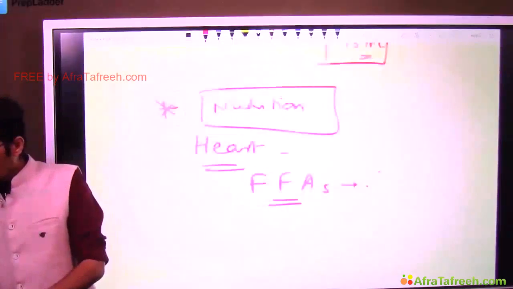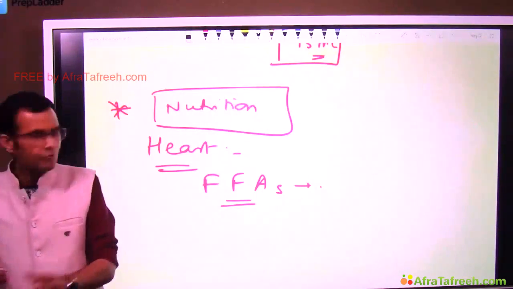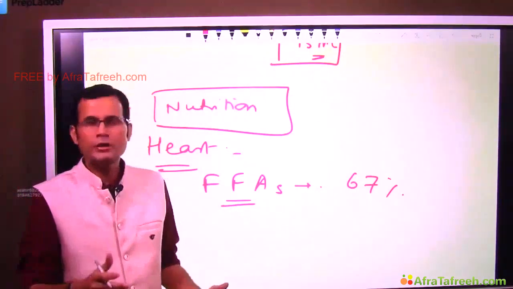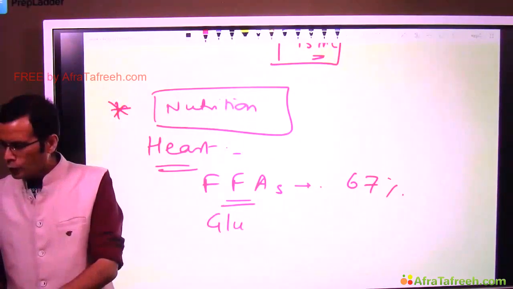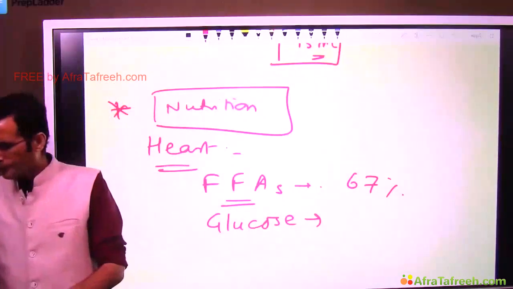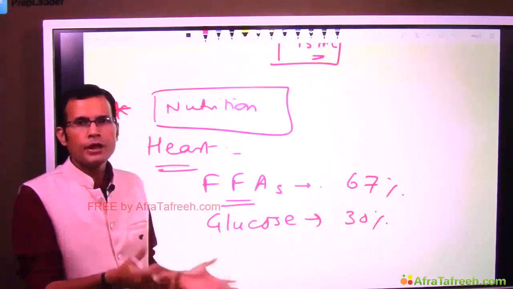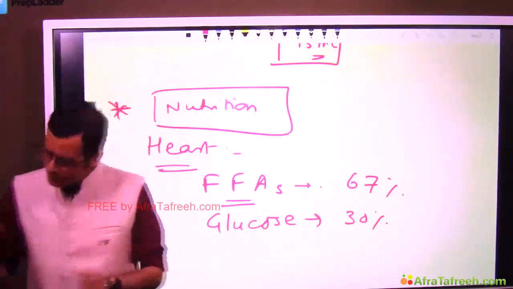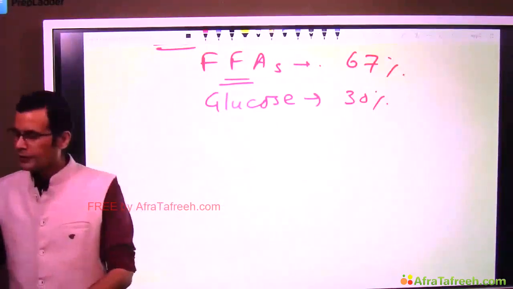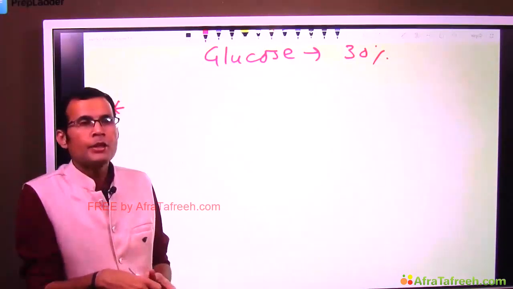Almost 67% of the energy is derived from the free fatty acids. 67 to 70%, more than 2/3. Glucose and carbohydrate sources, hardly any. And 3% the other nutrients. So that's another important unique feature related to the coronary circulation or the myocardium.